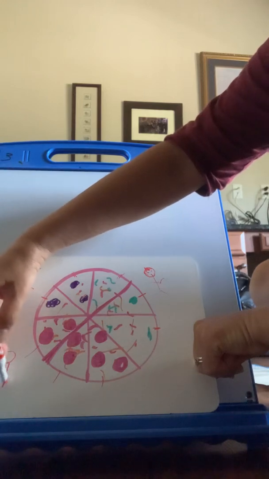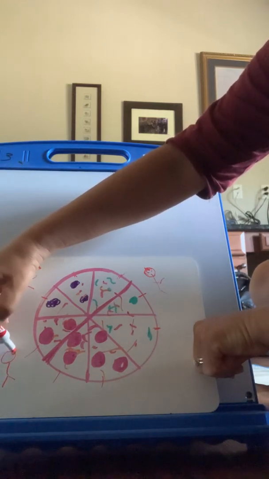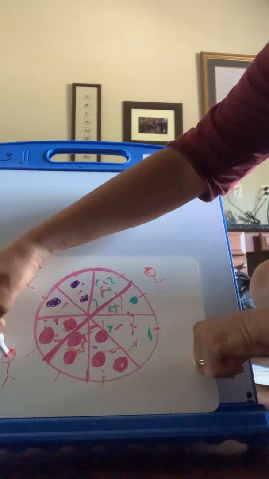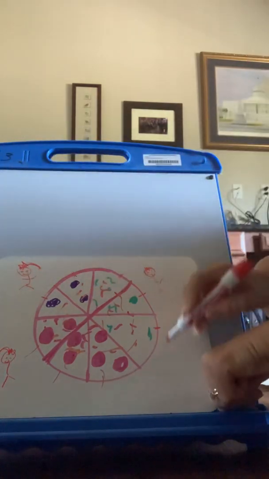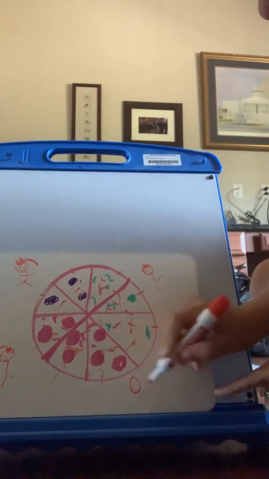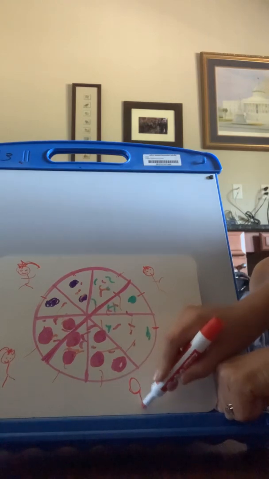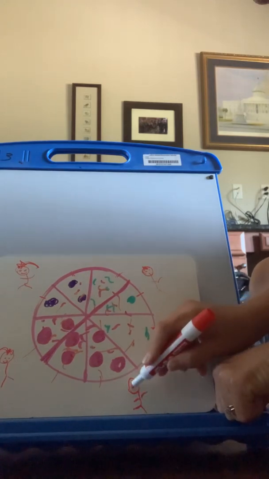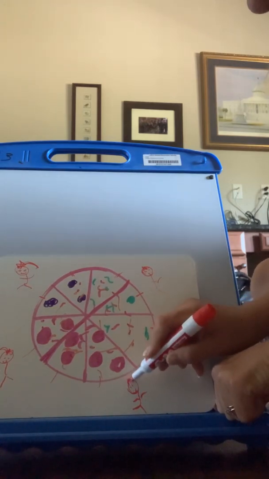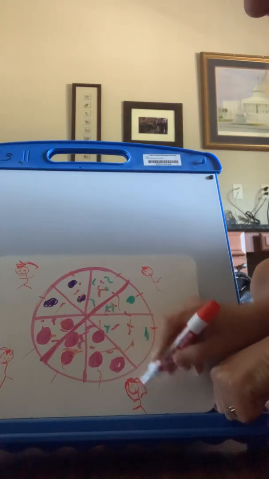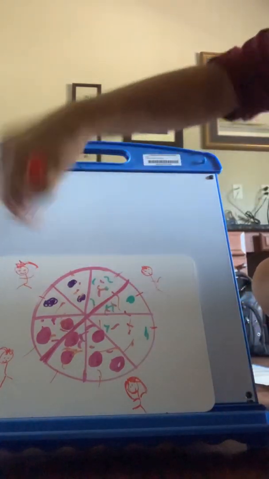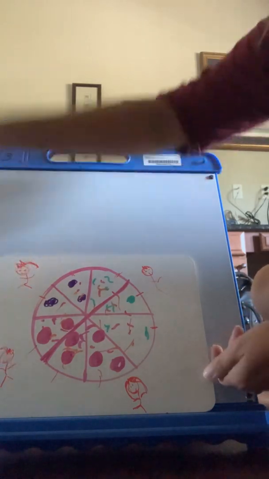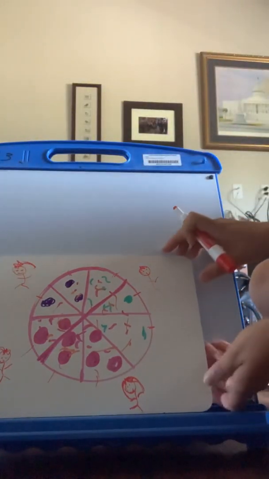So here's for Emma and Miss Tidwell. So if we're taking a look at the different slices of toppings that's on the pizza, we can put that in fractional parts.